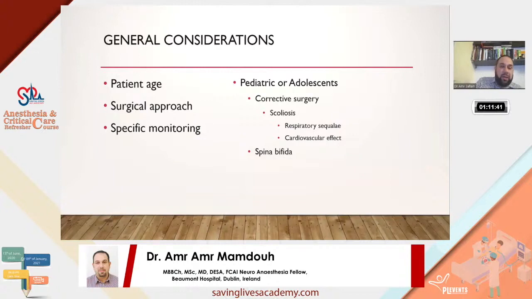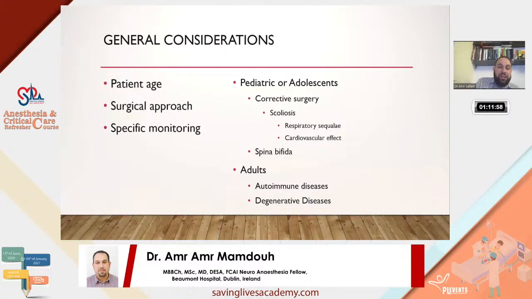While in adults, we expect more autoimmune diseases like rheumatoid arthritis, or even degenerative disease like osteoarthritis, with all of its sequelae and the effects of old age involved in those systems.